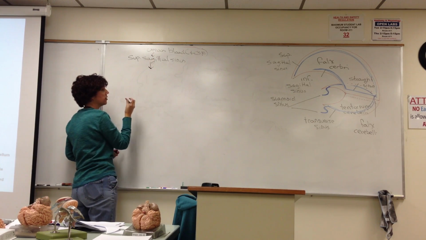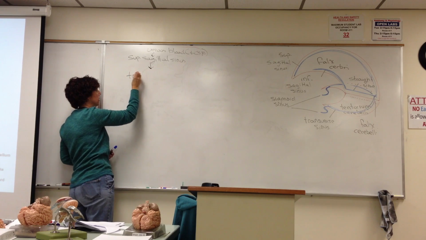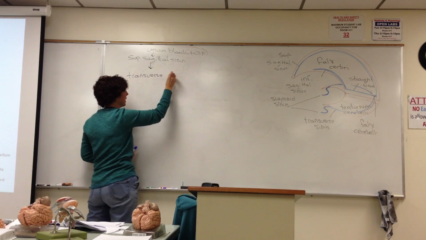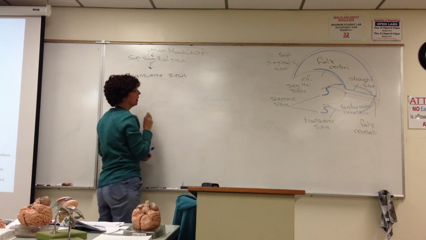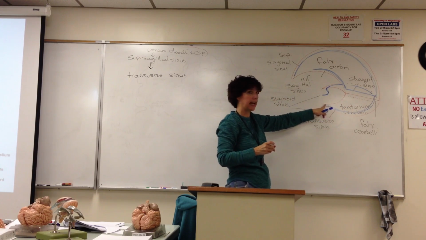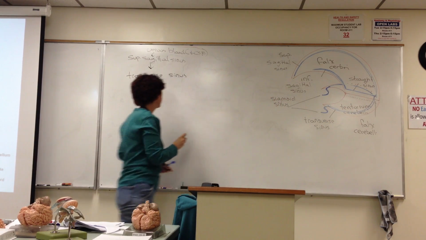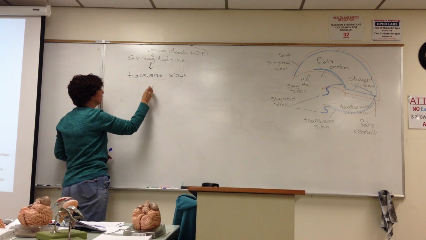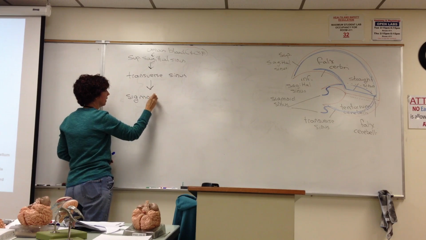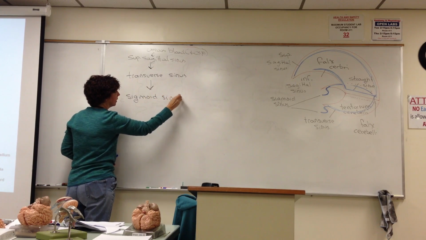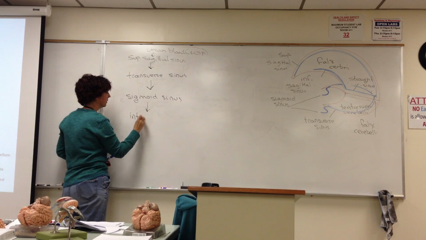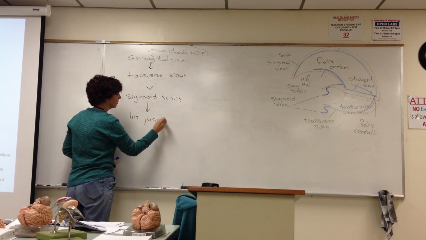From the superior sagittal sinus to the transverse sinus. All right, superior sagittal sinus to transverse sinus to sigmoid sinus. From the sigmoid sinus to the internal jugular vein, and on to the heart.